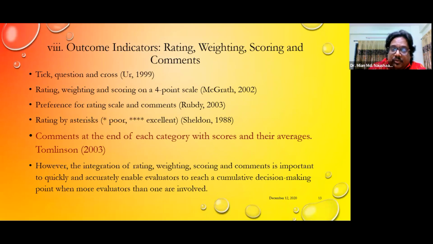So Tomlinson used scores, and then the scores were complemented by comments. So integration of rating, weighting, scoring and comments is important to quickly and accurately enable evaluators to reach a cumulative decision-making point when more evaluators are involved.